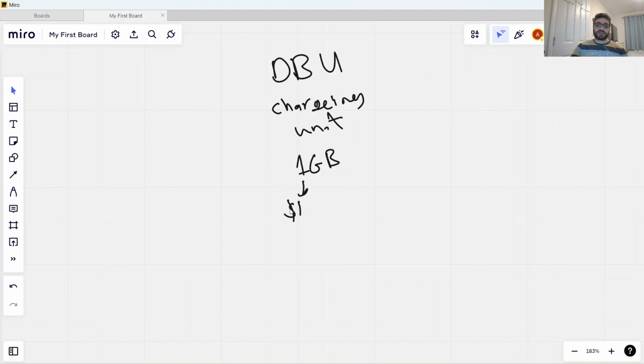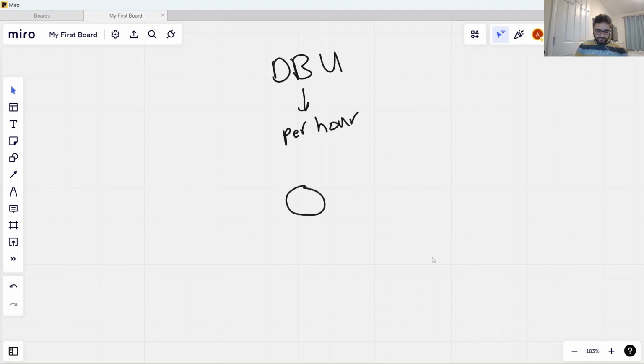It's similar for Databricks, but it's called DBUs, Databricks units. A Databricks unit is based on one hour of cluster runtime. So if you create a cluster with one node, which is the driver and the worker node at the same time, Databricks will tell you this cluster will charge you 1 DBU per hour.